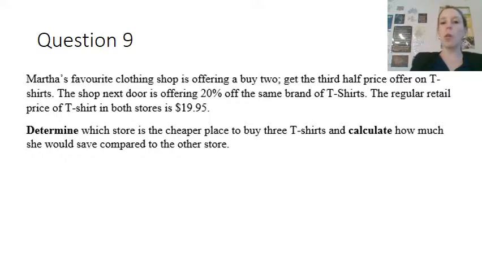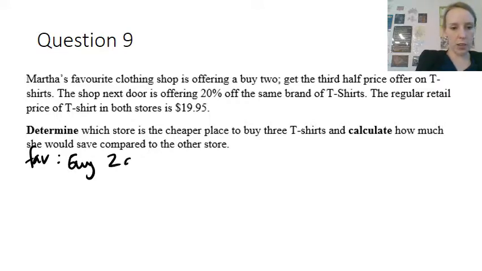We've got to find the cost of 3 t-shirts from both of the shops, and then we also have to find the difference in the prices. So we'll start off with Martha's favourite shop. Her favourite shop there, it's buy two, get the third half price.